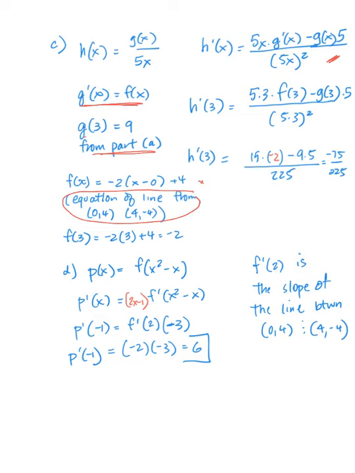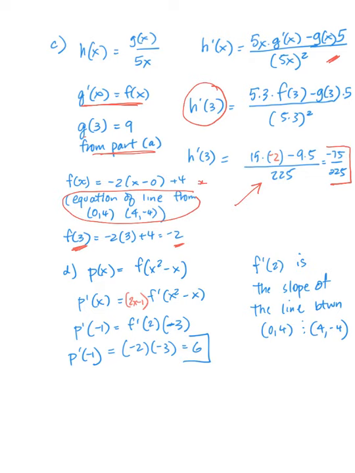So that's that equation up here. That will allow me to find f of 3, which I got for b, -2. And so putting all those values in for h prime of 3, we get a final answer of -175 over 225. Now, you can leave it unsimplified.